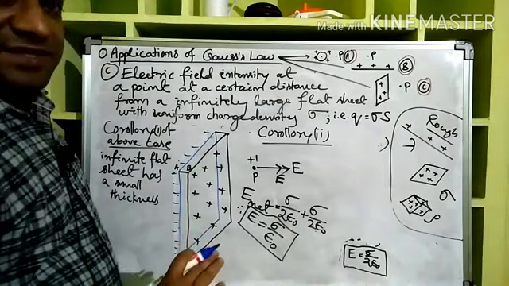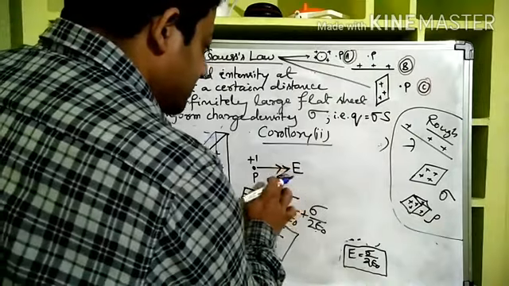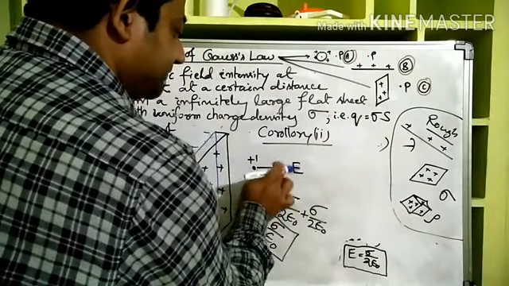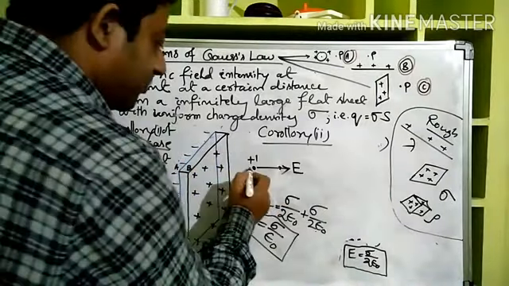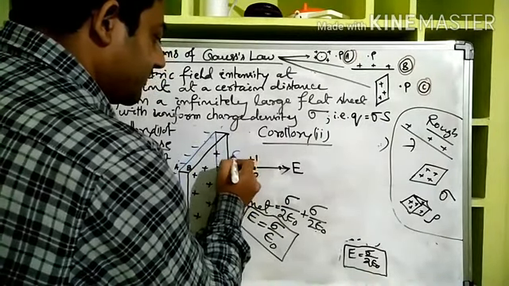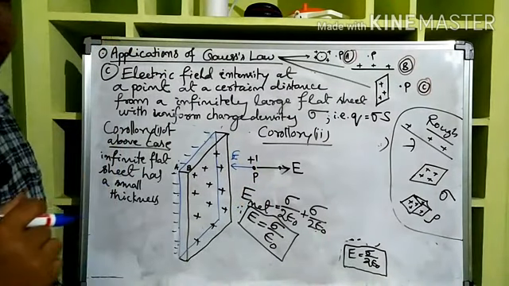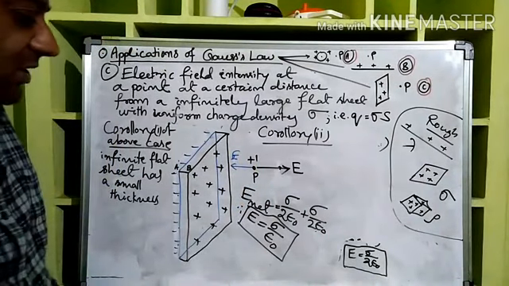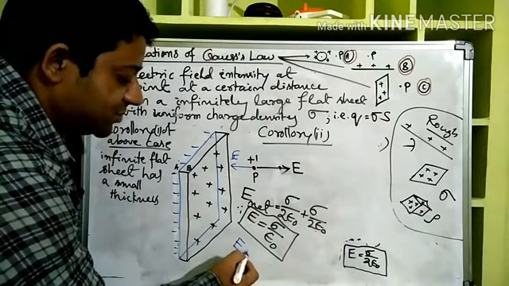Then what will happen in the same case? Because of B, the charge will be pushed, but because of A, it will be pulled with the same force, so the net force will be 0. The net force on a unit positive charge is 0, meaning E is equal to 0.